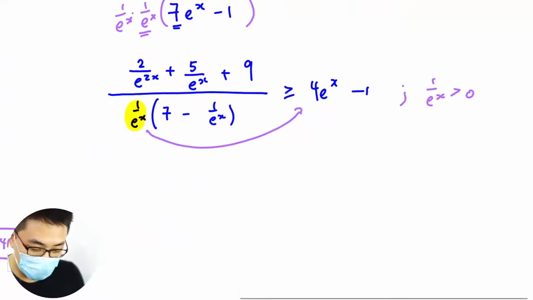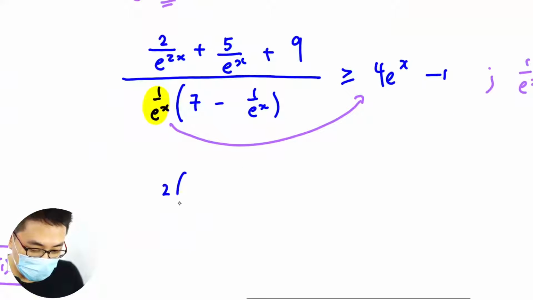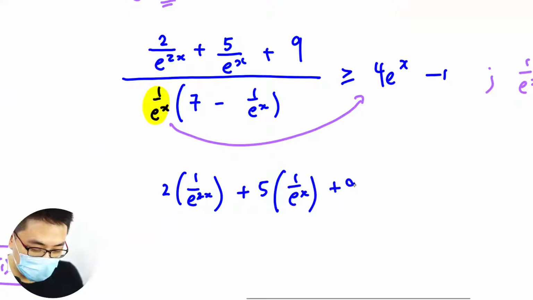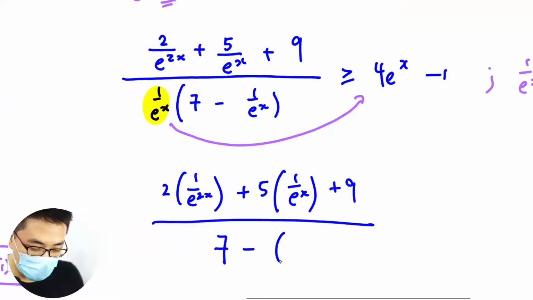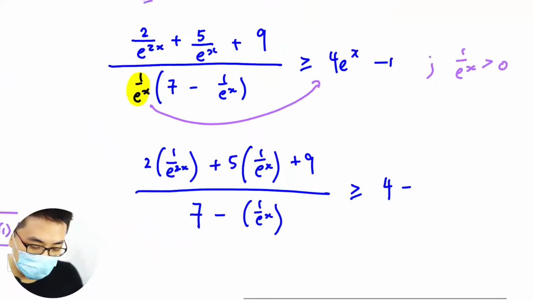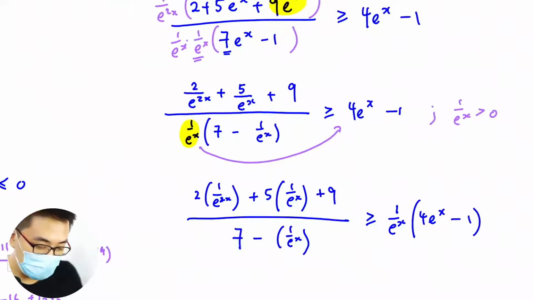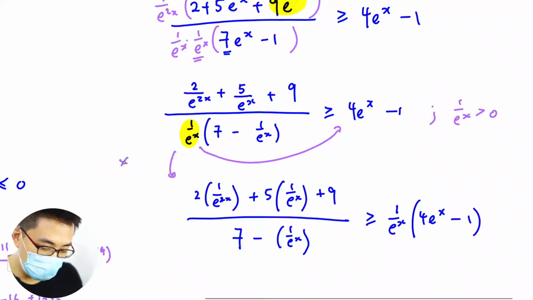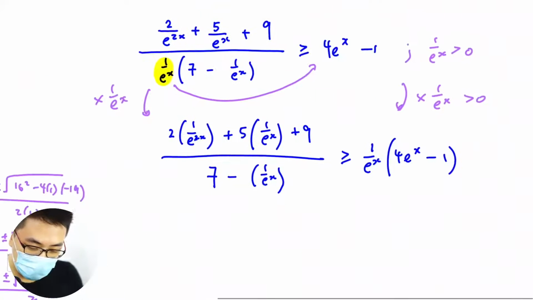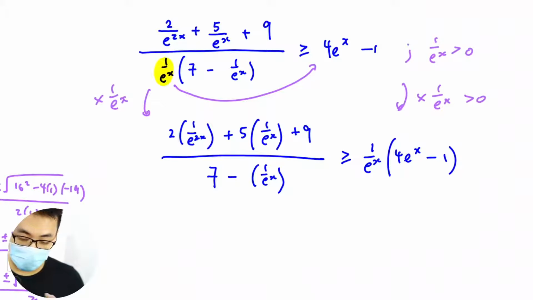So once this is done, I'm just going to rearrange nicely. This is 2e^2x. So I think from here we can really tell what it is. Then this will be 4. I don't want to skip steps, but if you want to skip steps, you can. We can only do this because e^x is positive, 1 over e^x is positive.